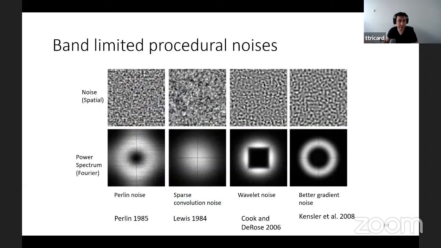A thing with procedural noise is that historically they have tried to produce very high quality band limited isotropic patterns in the Fourier space. So here you have an example of noise and its Fourier power spectrum. And as you can see, the isotropy will appear as a ring in the Fourier space.